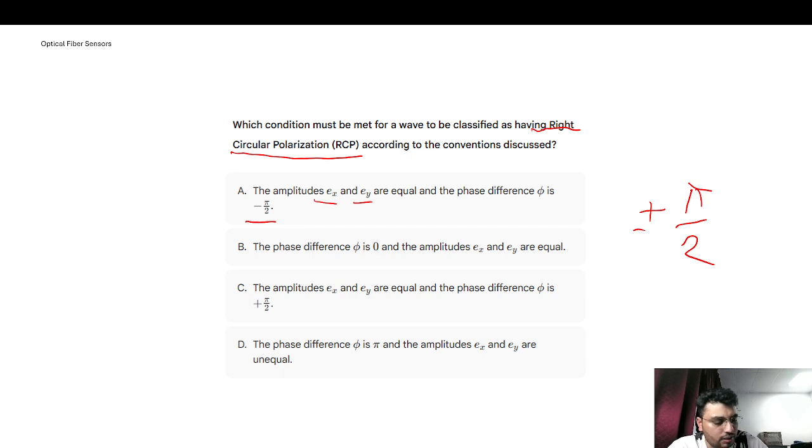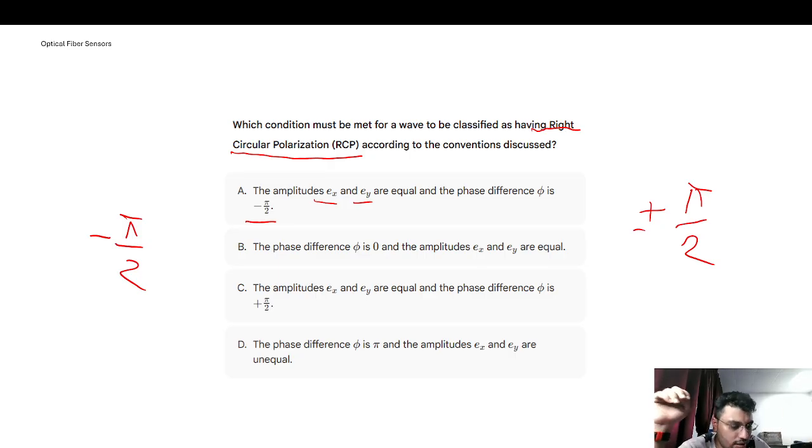The right hand counterclockwise rotation relative to the propagation is in the direction of negative sign. So the negative sign denotes the right hand rotation. So that's why the minus pi by 2 is correct.